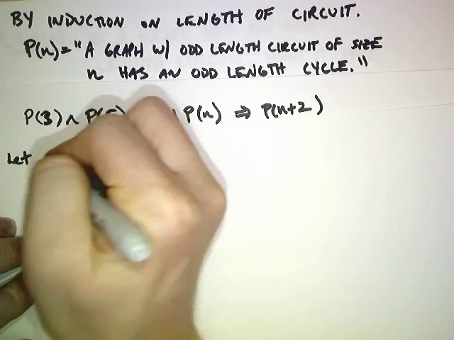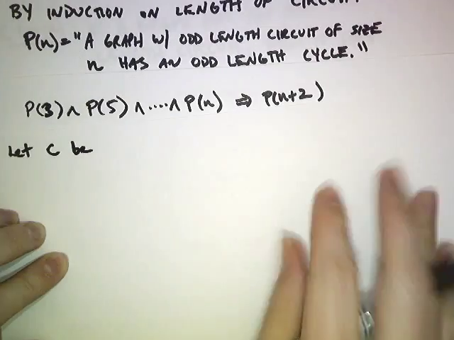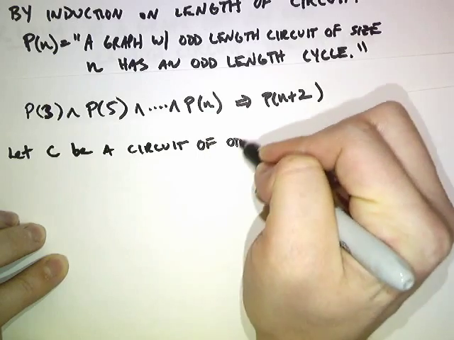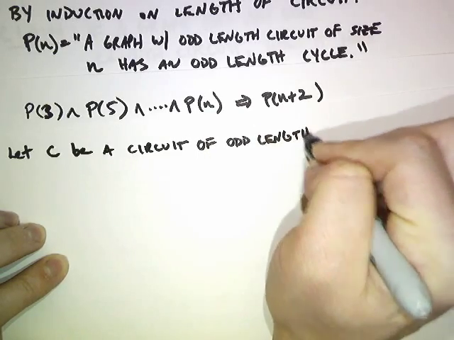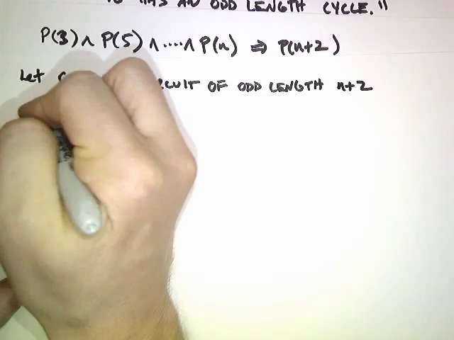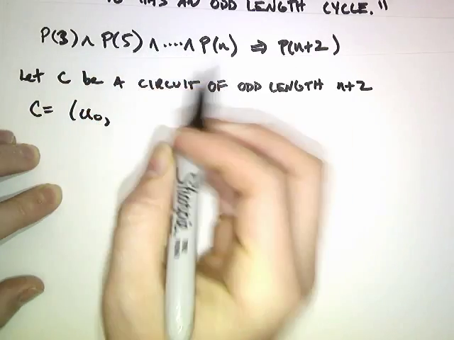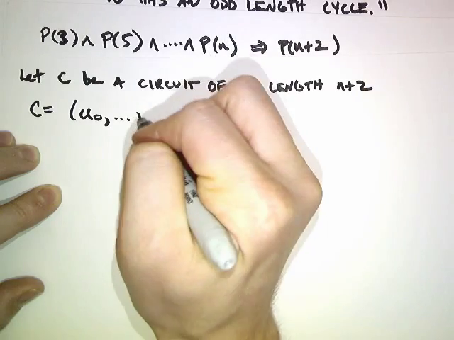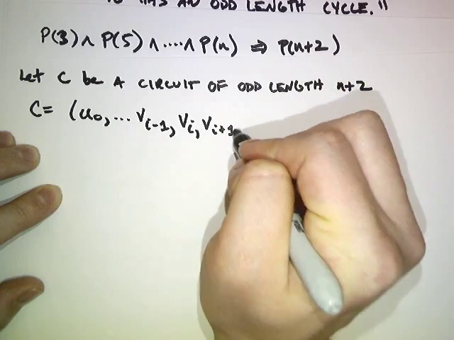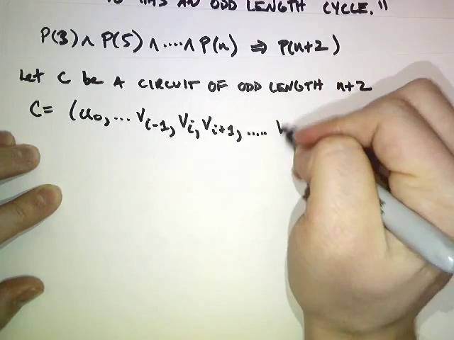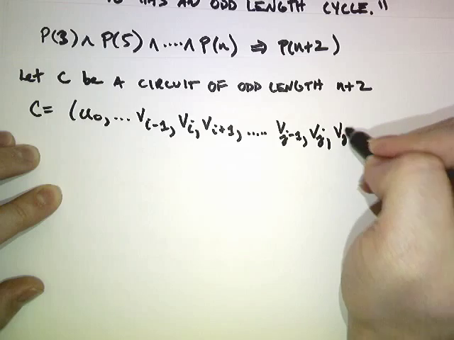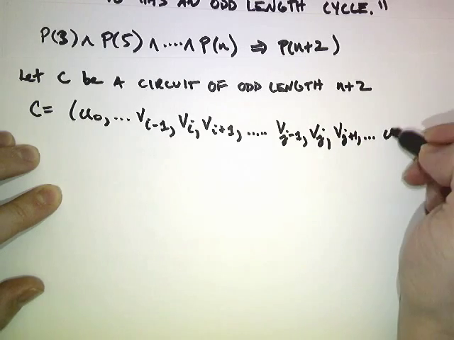So let's let C be a circuit of odd length n plus 2, and I'm going to write C as U0 dot dot dot Vi minus 1, Vi, Vi plus 1 dot dot dot Vj minus 1, Vj, Vj plus 1 dot dot dot U0.